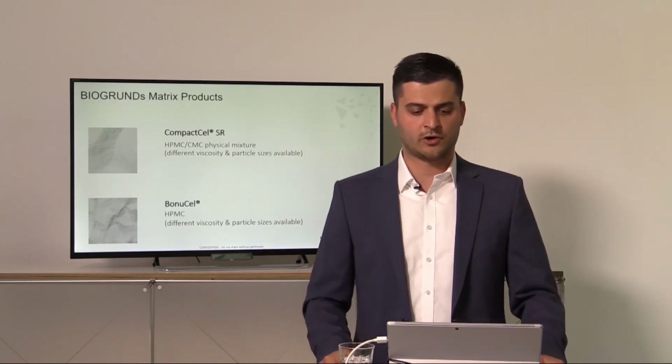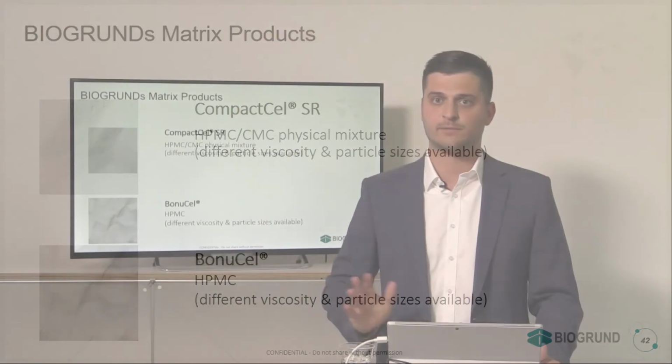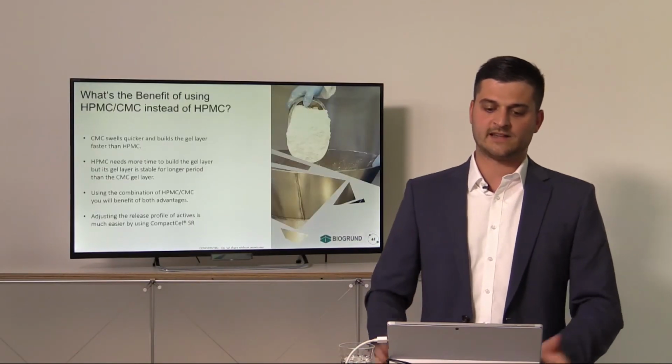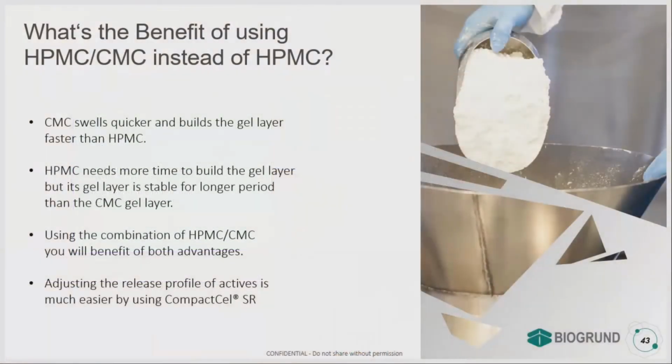BIOGRUND matrix products are the Compact Cell Sustained Release, which is a combination of different viscosities and particle sizes of HPMC and CMC. And of course, we have our brand Bonus Cell, where you can also select different viscosities and particle sizes, but it is just the HPMC, not a mixture. Now you may ask yourself, what is the benefit of using a combination of HPMC and CMC instead of regular HPMC?